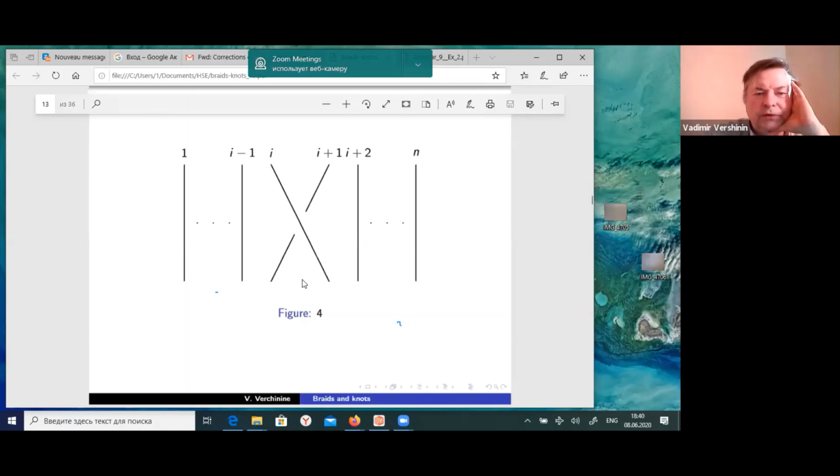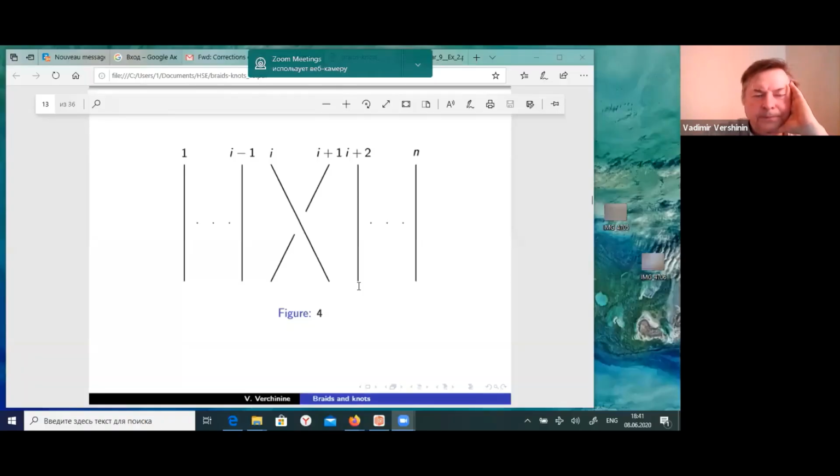Okay, so this is the braid which is standardly called sigma i. The braid goes from number i to number i plus 1, right? Sorry, I made a mistake.